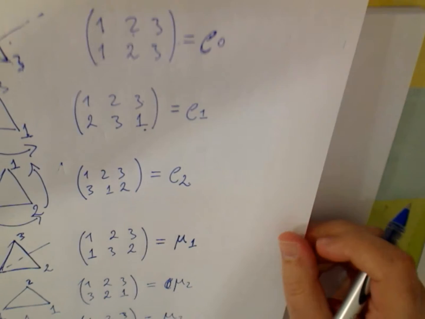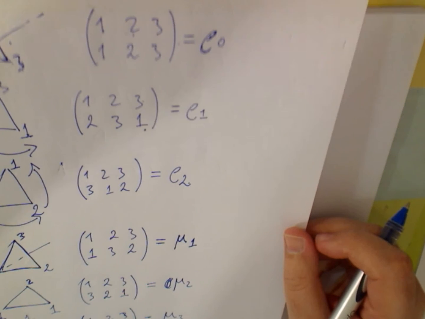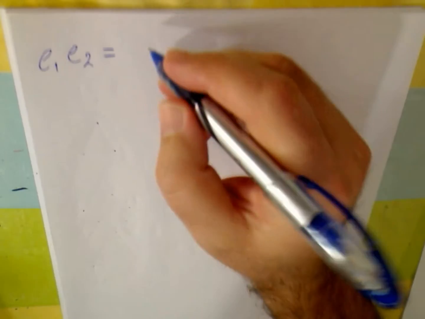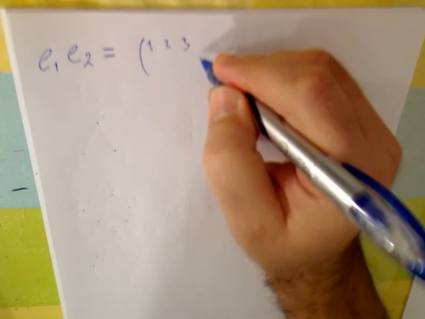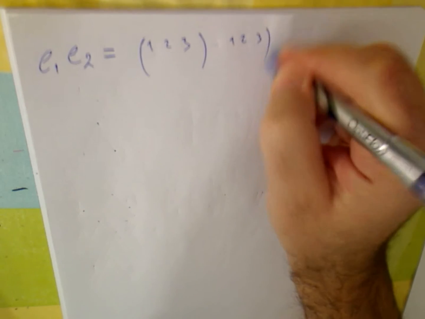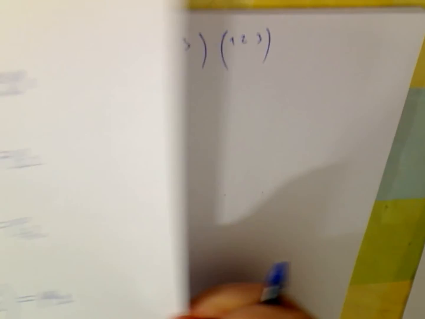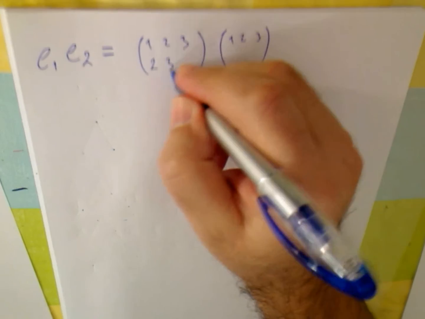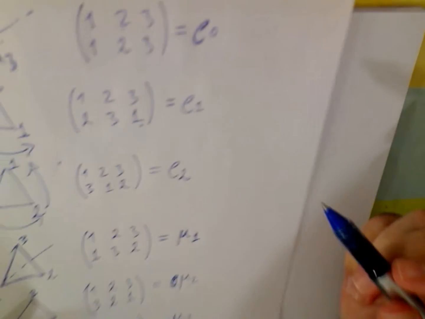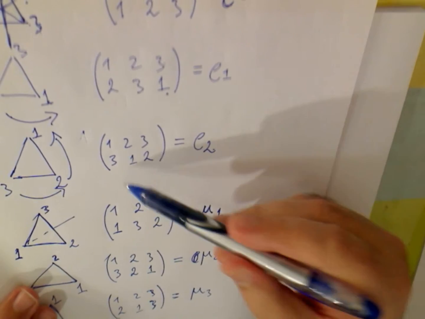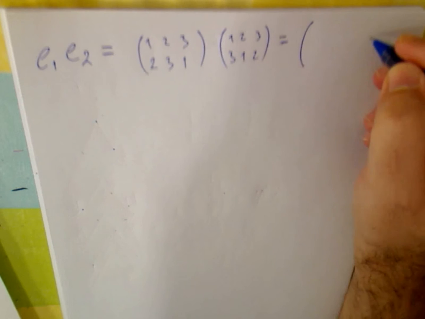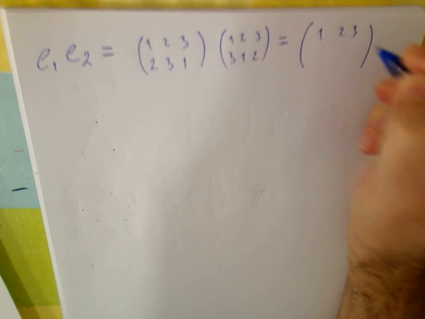As in the previous video, I have to put R1 first and R2 next. So R1 is 2, 3, 1 and R2 is 3, 1, 2, and that will be 1, 2, 3.